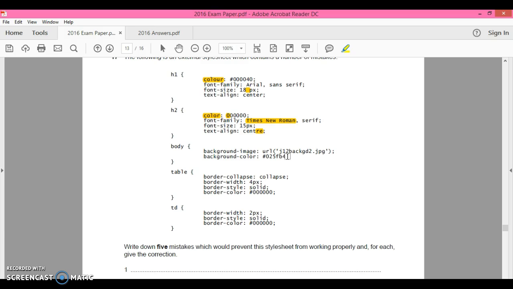So it might be an idea really to put both of these in speech marks, okay? Because if they don't have these fonts, then they'll revert over to the generic sans serif font. If they don't have Times New Roman, it will revert over to any serif font. Okay, so that is a possibility.